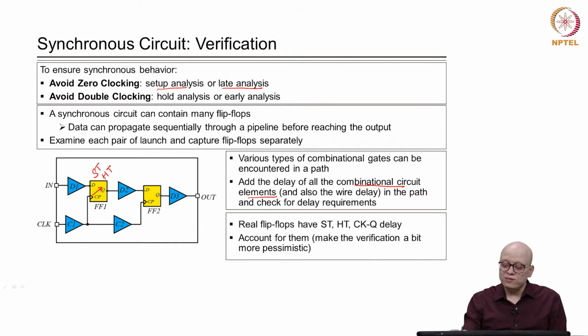So, it makes the verification a bit more pessimistic, yet the same analysis can be used to ensure the states of the synchronous circuit are valid, and also that the constraints of setup time and hold time for the flip flops in our design are maintained, or met.